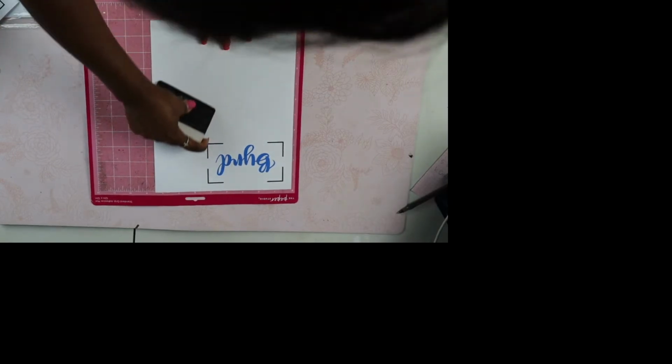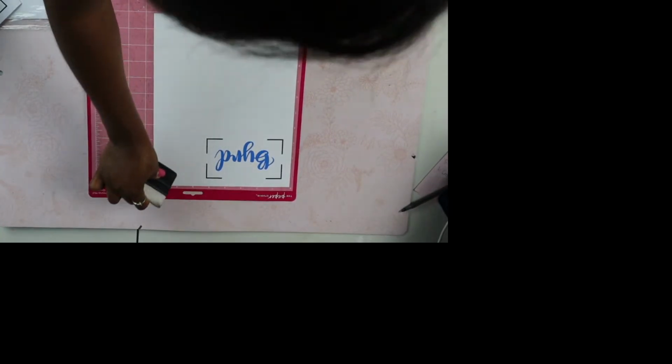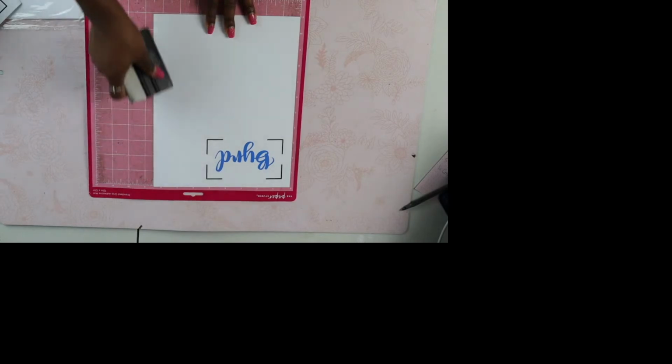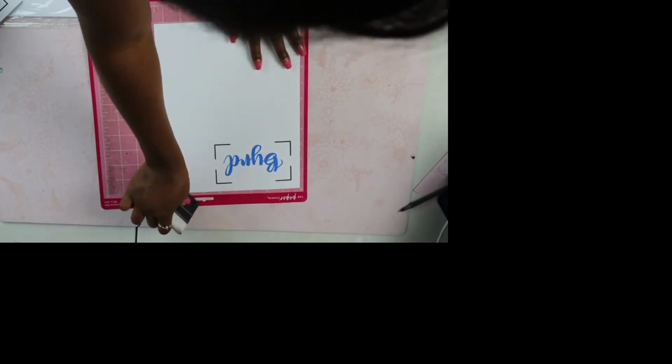I'm going to take my scraper and try to press it down so that it won't move. Sometimes what I do when I'm being really lazy is that I will take some double-sided tape and just tape down my material. So hopefully this works. So I'm going to put this in my Cricut machine now.